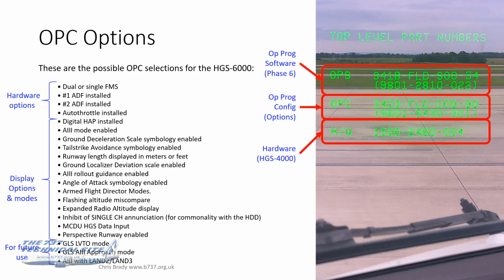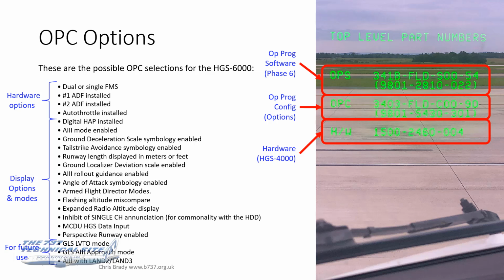You've got hardware options, which is whether you're single or dual FMS aircraft, whether you've got no ADFs, one ADF or two ADFs installed, whether you've got a separate auto throttle computer installed, or whether the auto throttle is part of the FCC. Display options and modes are all there. These are the things which we as pilots get to see. So this is the meat of it for us.